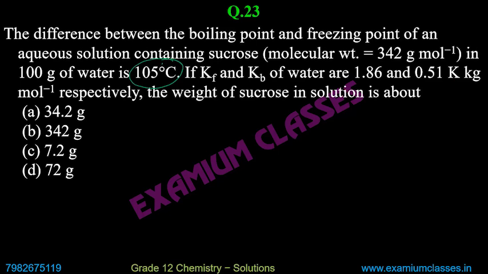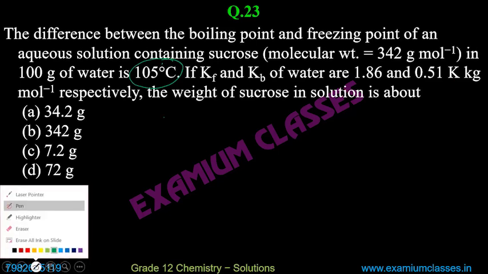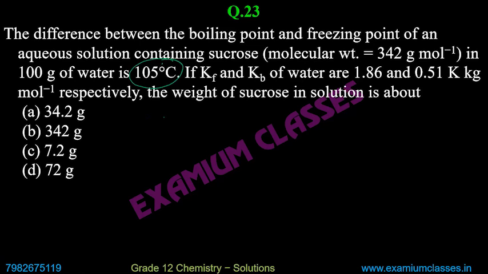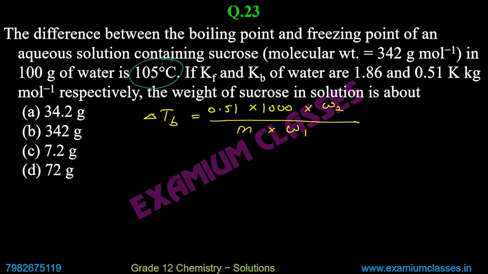You know the formula of delta TF and delta TB. Delta TB is given as Kb into 1000 into W2 divided by M into W1. Kb is given, 0.51. W2 you have to calculate, and W1 is 100 gram of water.